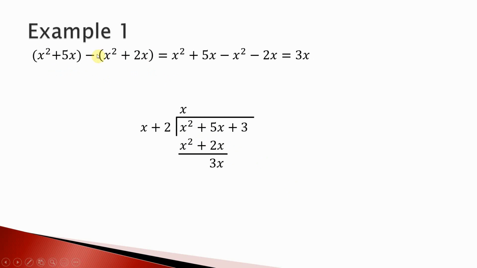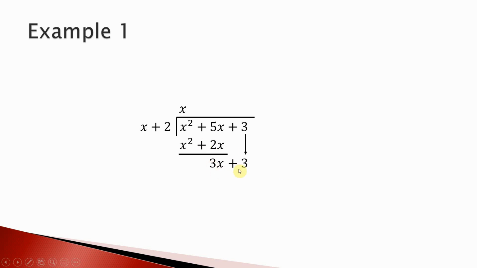This negative will get distributed, both of these will get multiplied by -1, and then you have to simplify. This will cancel, subtract 2x from 5x, you get 3x. Then you bring this down. So it's kind of like dividing numbers.